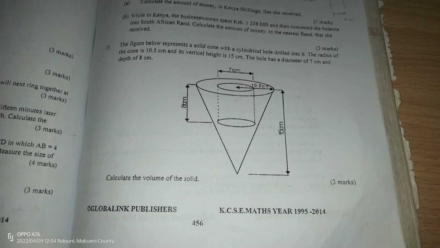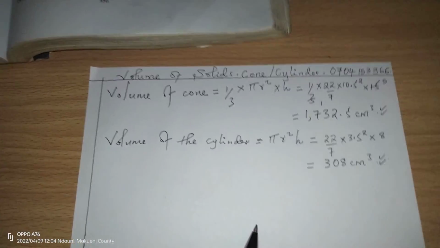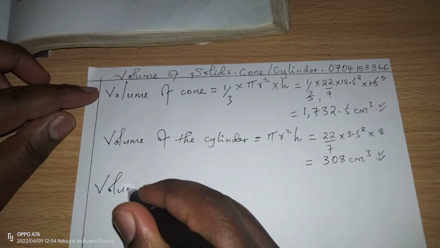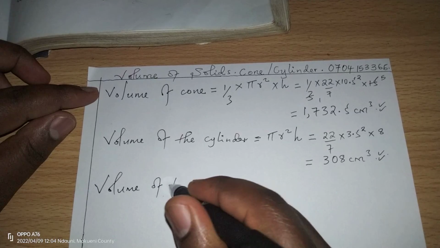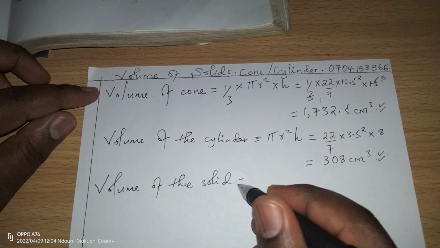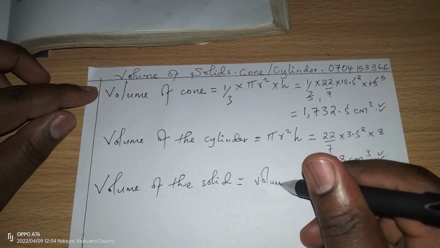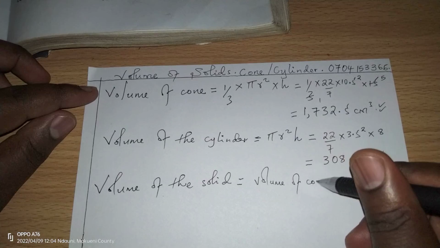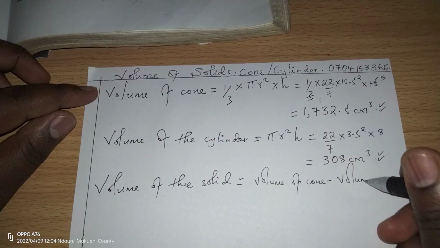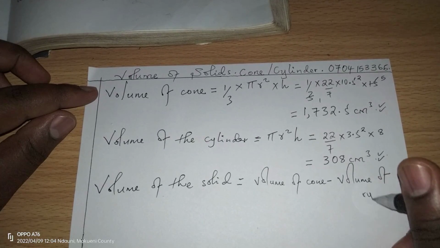Therefore, the volume of the solid is going to be given by the volume of the cone, and we subtract the volume of the cylinder, the volume of the hole.